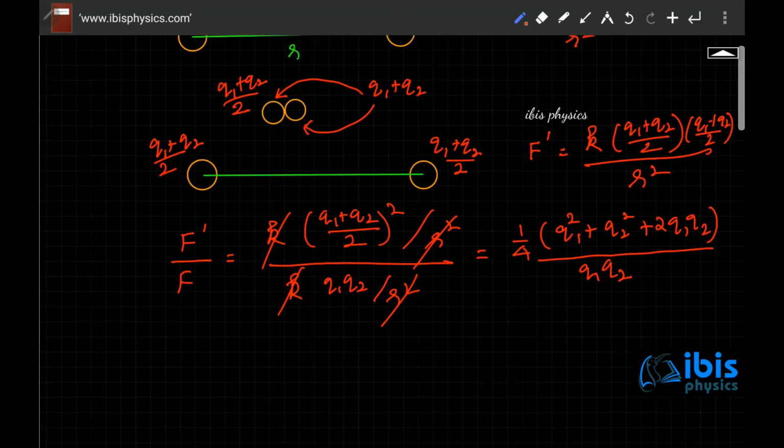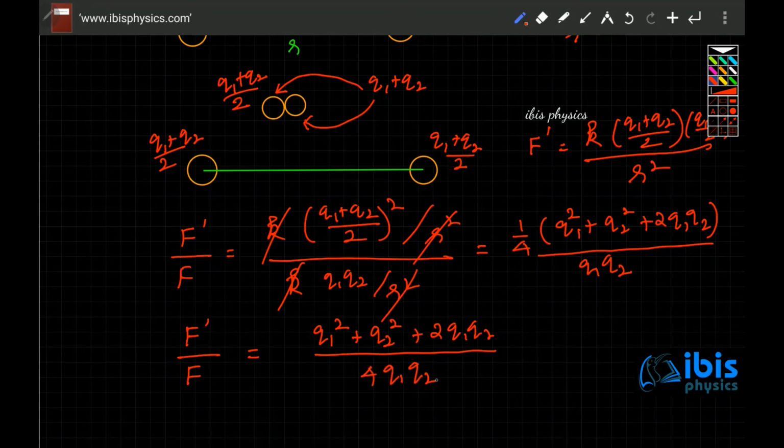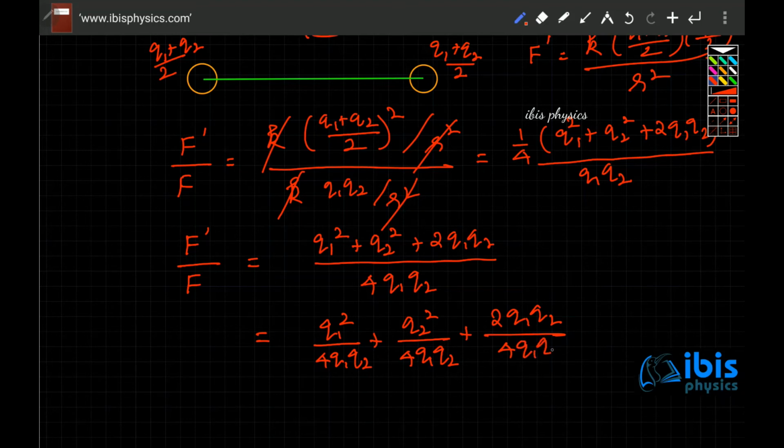Now let us try to analyze. We'll be getting into simple mathematics now. So (q1 square plus q2 square plus 2 q1 q2) divided by 4 q1 q2. Now if you divide it, q1 square by 4 q1 q2 plus q2 square by 4 q1 q2 plus 2 q1 q2 by 4 q1 q2.